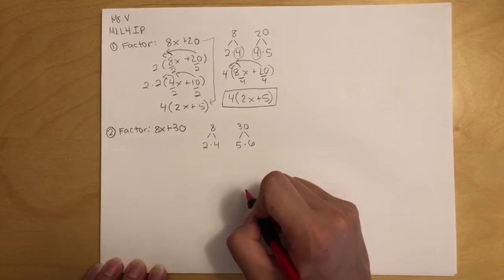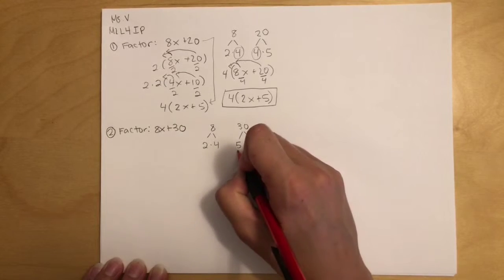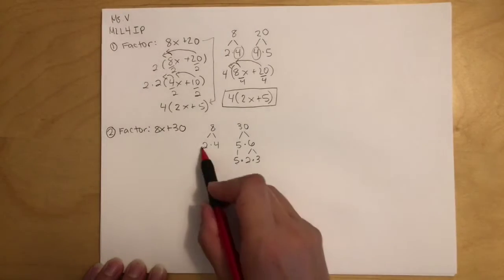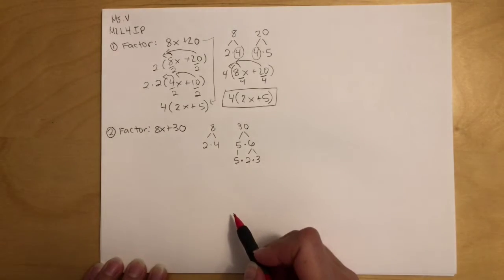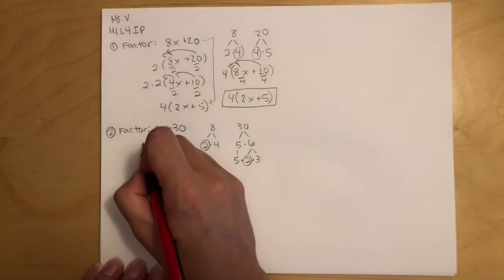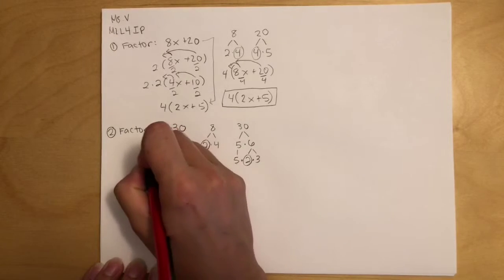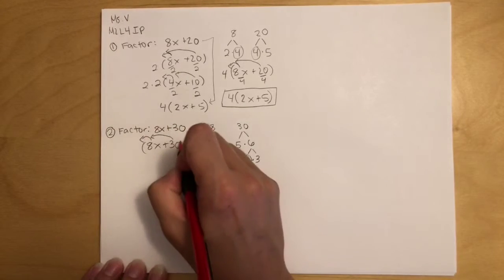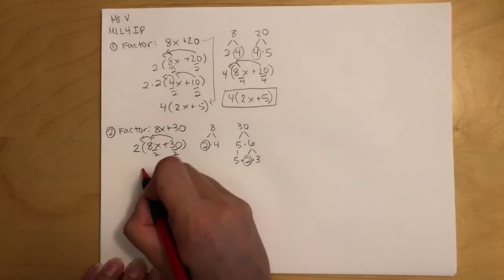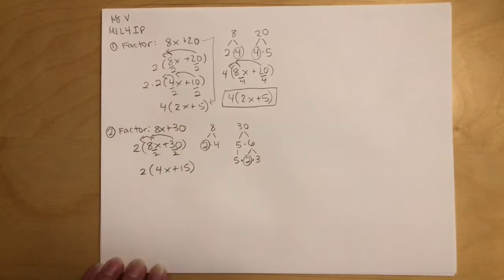We have nothing in common yet, so we can bring this back down further. 6 is 2 times 3, so 30 is 5 times 2 times 3, and it looks like we're just going to have a 2 in common. So we'll pull out a 2 from 8x plus 30, and so it's 2 times 4x plus 15.